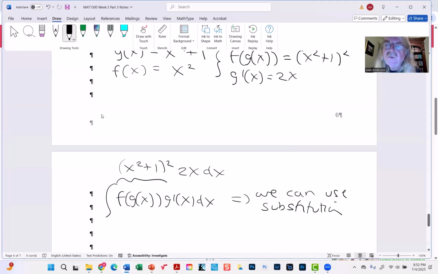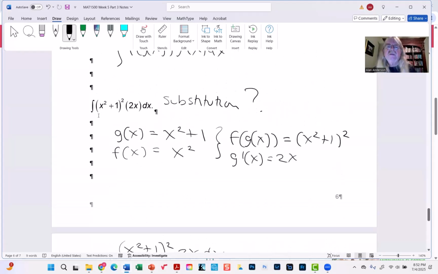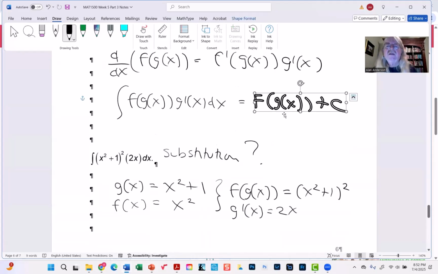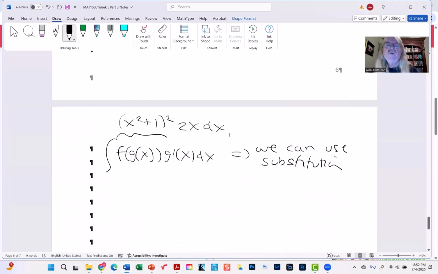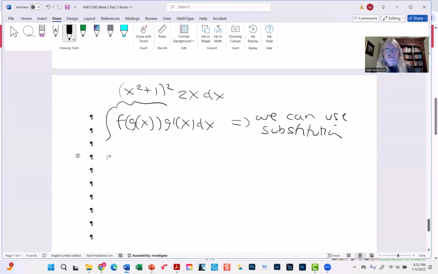And if we do, what will that result be? All right, right here: the integral of f as a function of g of x plus c. So what exactly does that mean?